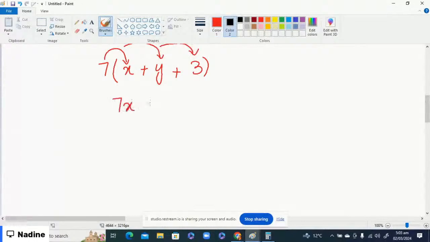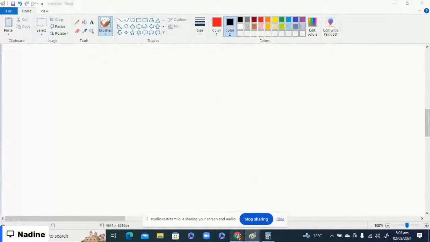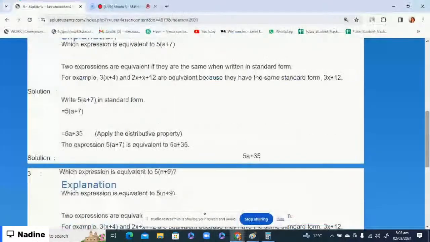This is 7x plus 7 is multiplied with y, which becomes 7y, then plus 7 is multiplied with 3. What's the answer? That is 21. Okay, in this way.